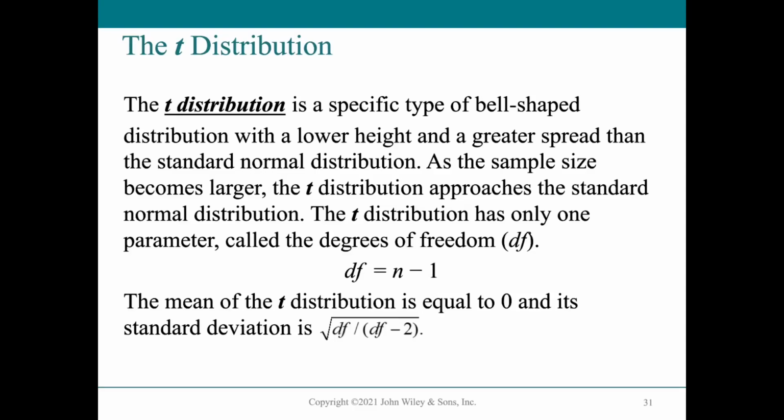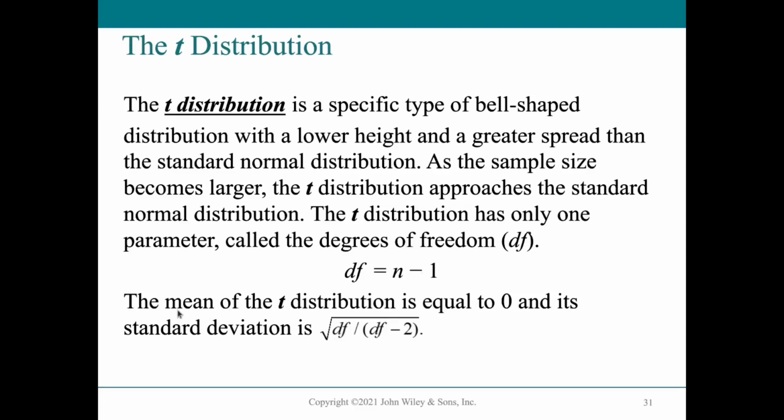As the sample size becomes larger, the t distribution approaches the standard normal distribution. The t distribution has only one parameter, the degrees of freedom, which we usually calculate as n minus 1, or the sample size minus 1.